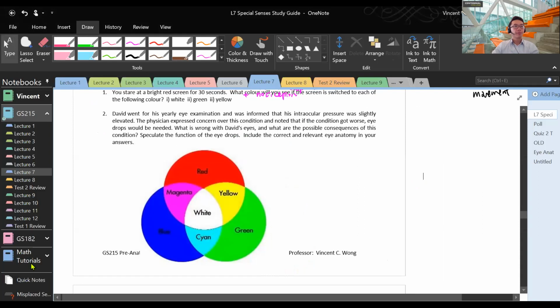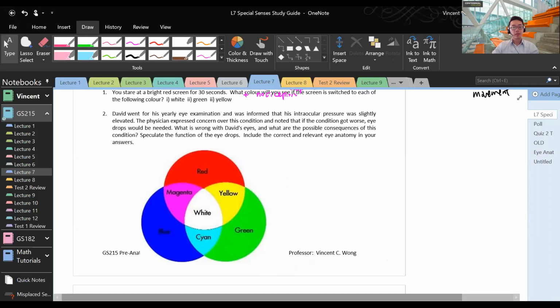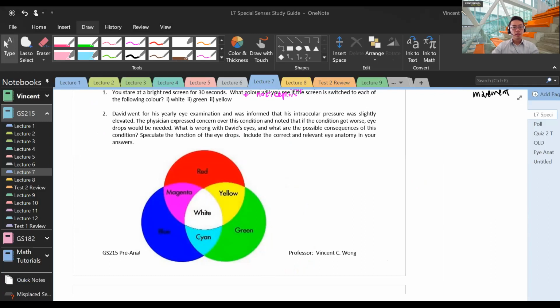Okay, why don't we try that? Let me create a bright red screen for us to stare at. That sounds fun, doesn't it? Bright red screen.